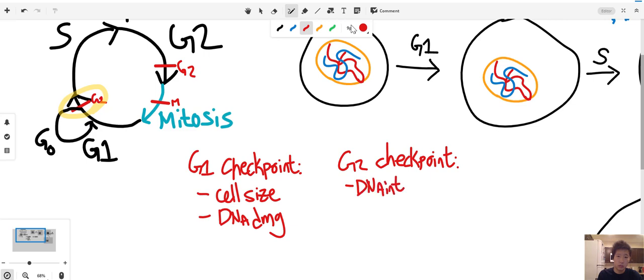DNA integrity. It's so important that we're not making errors in our DNA replication. So that's why we have so many of these checkpoints, and it's honestly kind of redundant. Like the G1 checkpoint and the G2 checkpoint, we're both checking for DNA integrity and DNA damage. But the purpose of the G2 checkpoint specifically is that we're checking for faithful DNA replication. Because remember, we have passed that S phase.